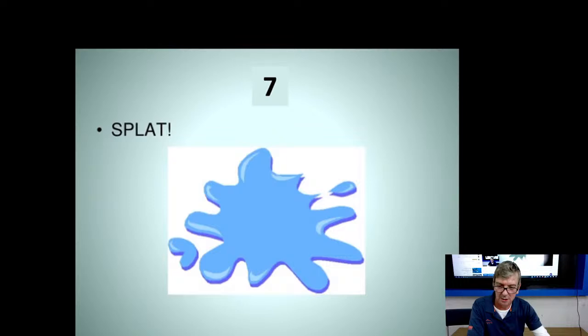Litotes. That's where you use double negatives, so like good becomes not bad. You're correct becomes you're not wrong, so not litotes. Yes, okay, very good. Onomatopoeia.